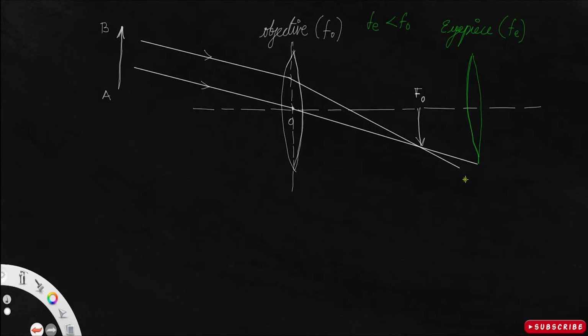Also, its aperture is small. So this is the direction of the rays coming from an object which is at infinity.